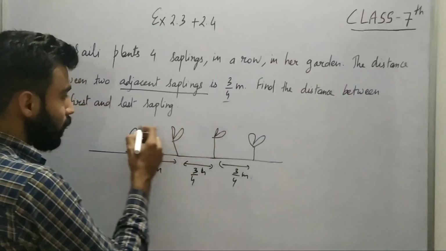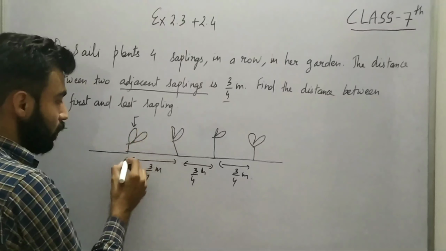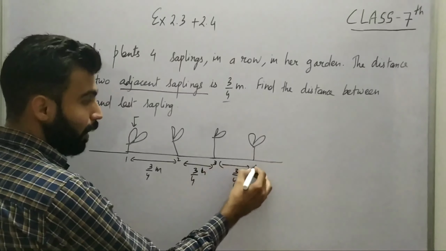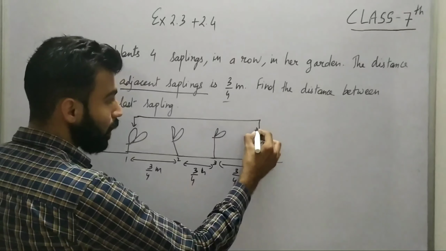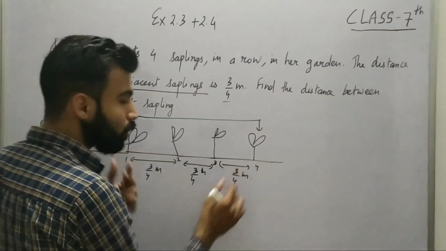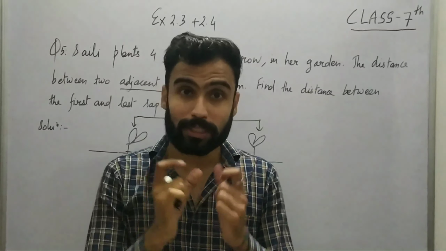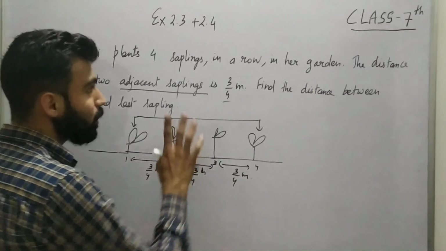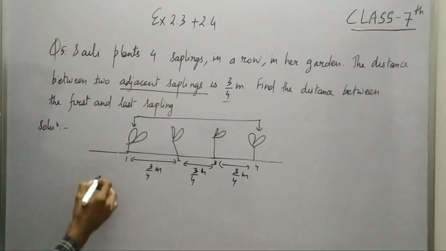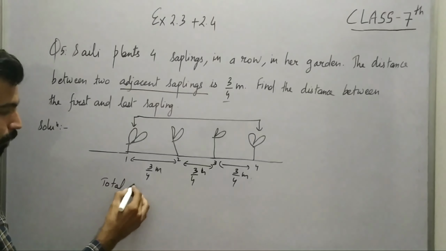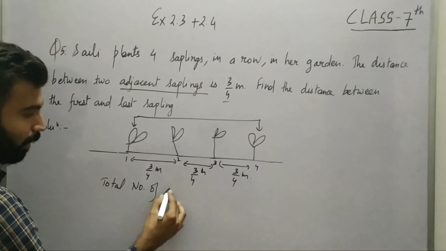So we have to find out the distance between first and the last sapling. That means first और the last जो पौधे के बीच का distance है वो total distance हमें find out करना है. सबसे पहले जो चीजें given है वो लिख लेता हूँ. So you can see total number of saplings.